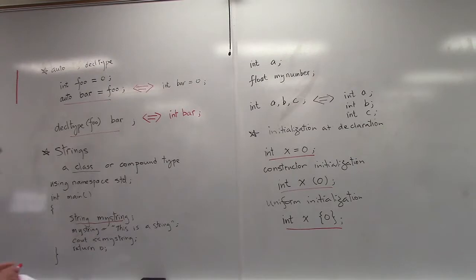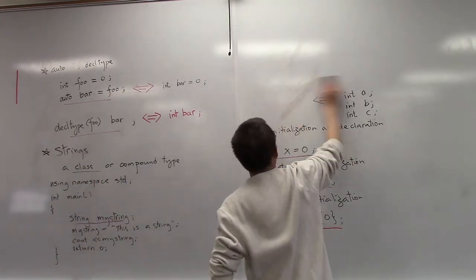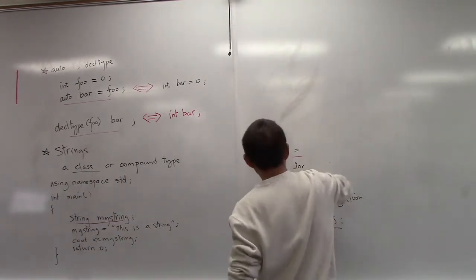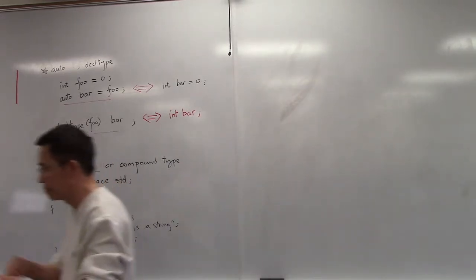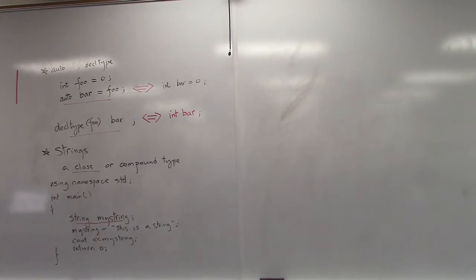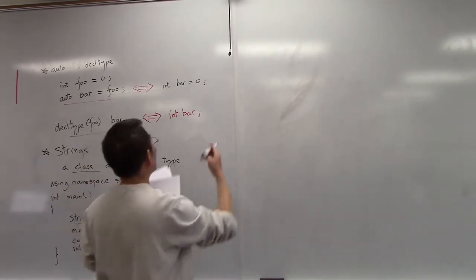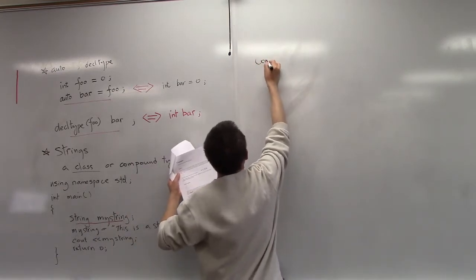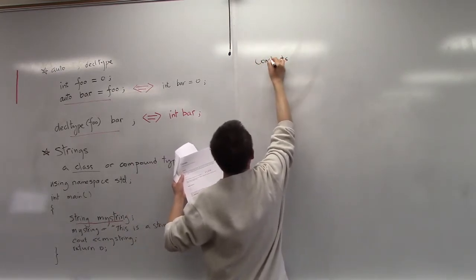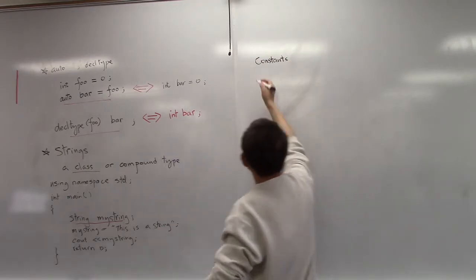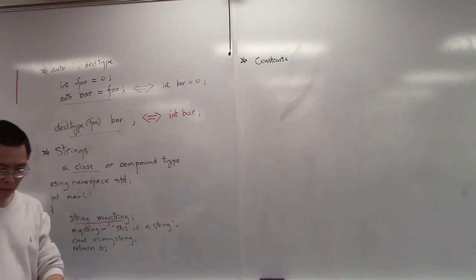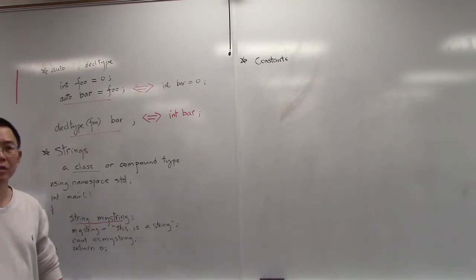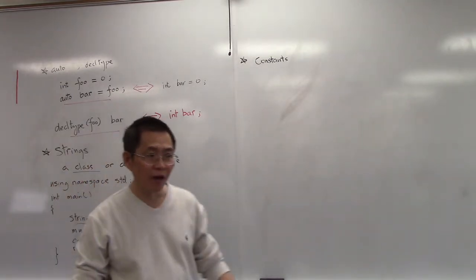All right, we need to move fast. Next, constants. Of course, all numerical values are constants, like integer 10, floating point 2.5, something like that.